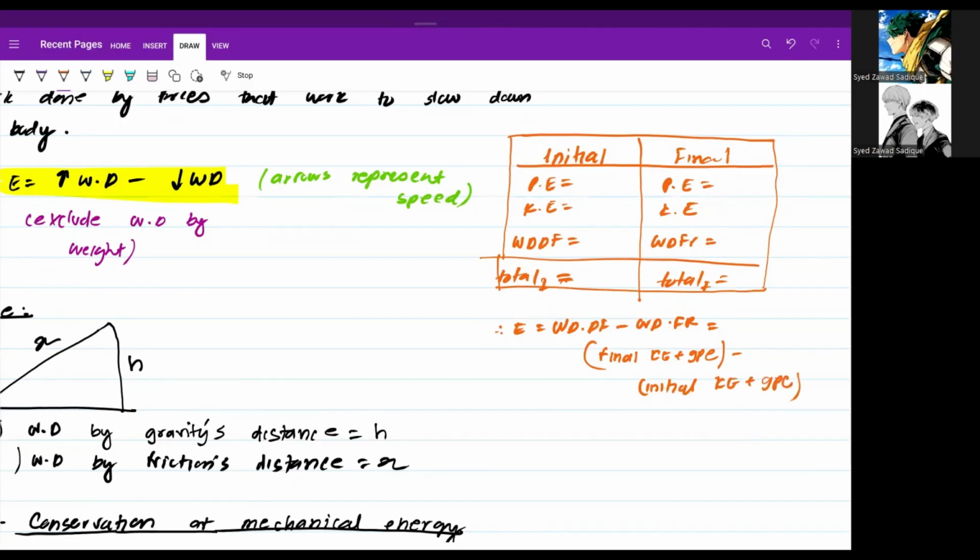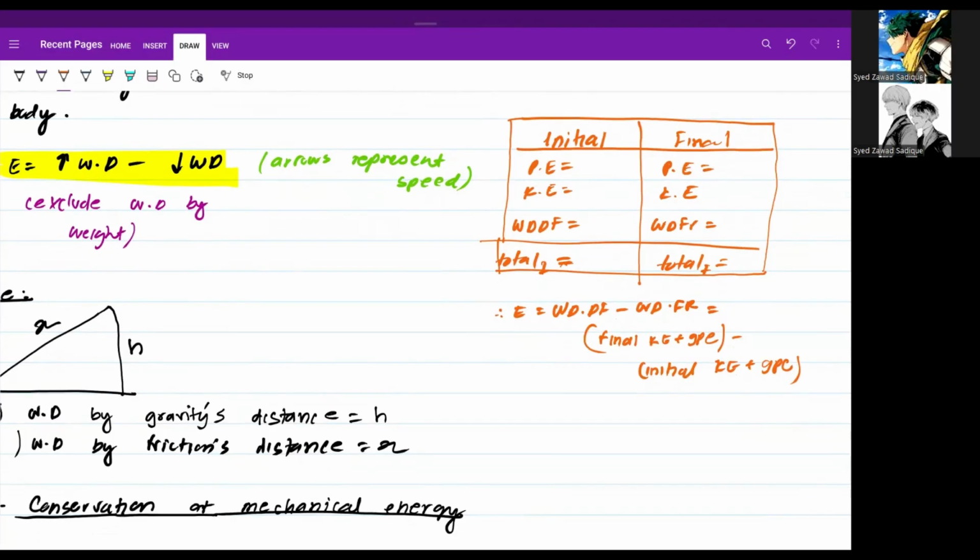This is better. I like this better. This might be a little bad, but this is K, in case you guys were having a hard time understanding.